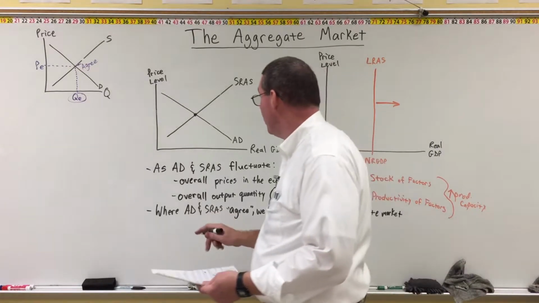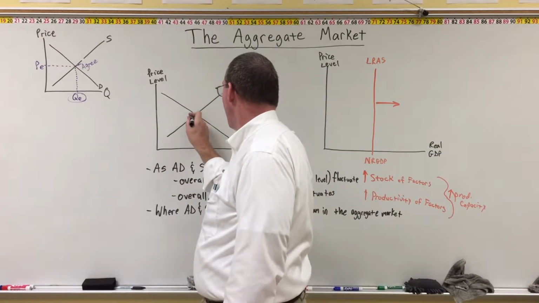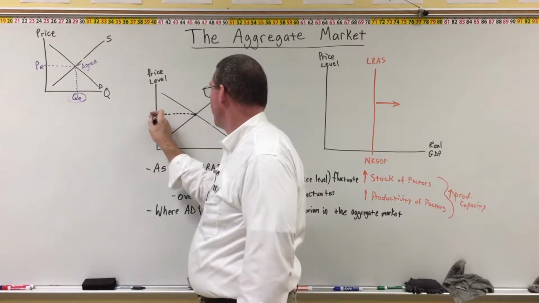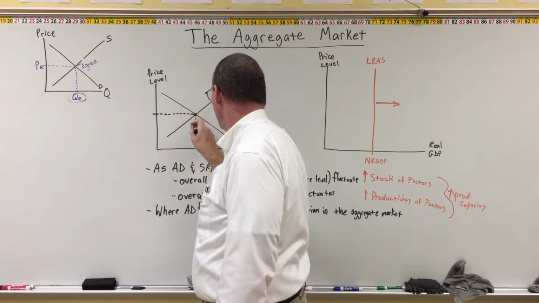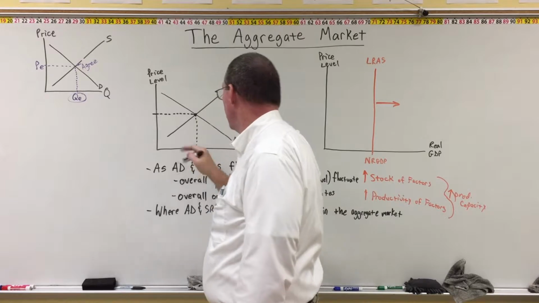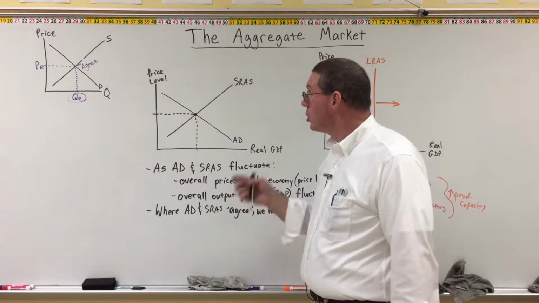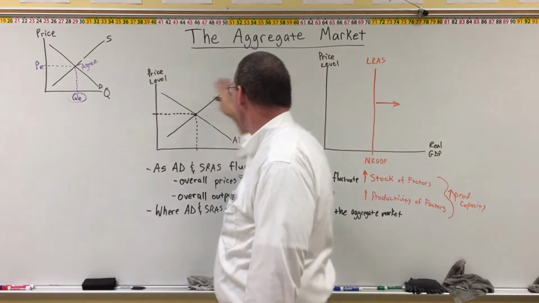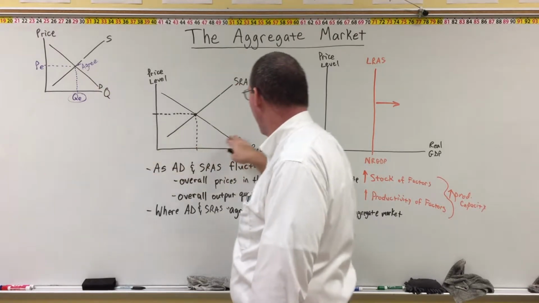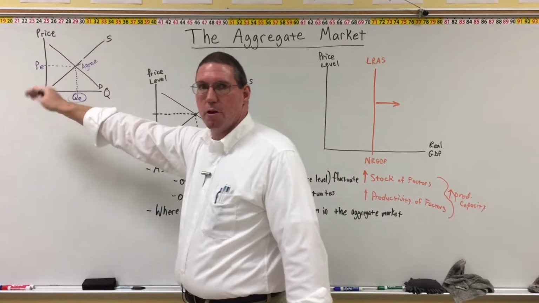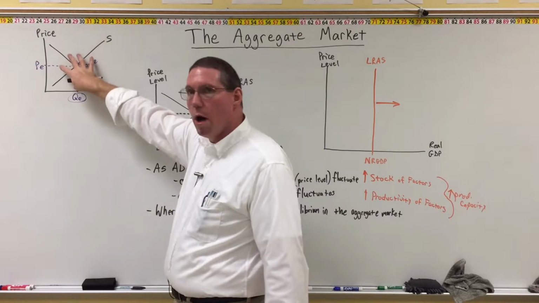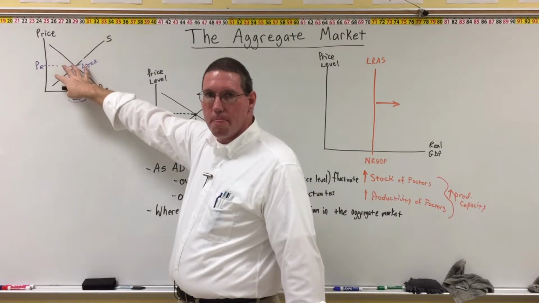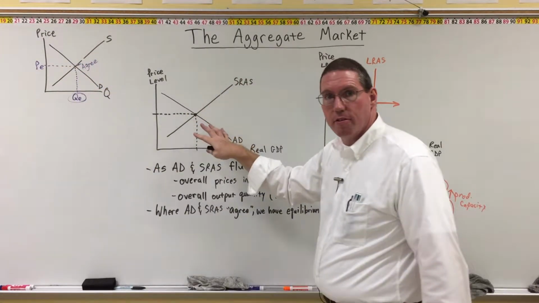Now, here's what we need though. So now we need a name for equilibrium price, and we need a name for equilibrium quantity. Just like we changed the name of supply to short-run aggregate supply, we changed the name of demand to aggregate demand. We changed the names of everything because we moved everything up from just one thing in one market into all of the things in the entire economy.